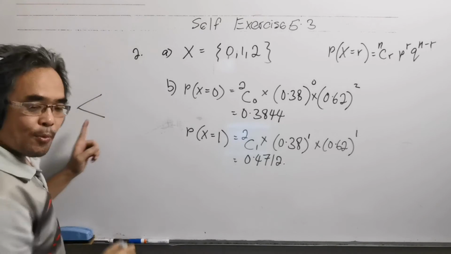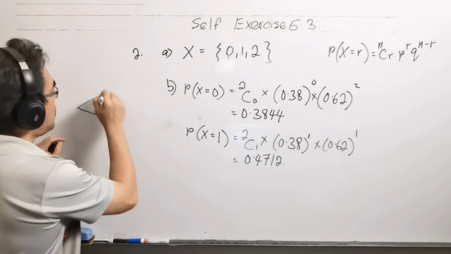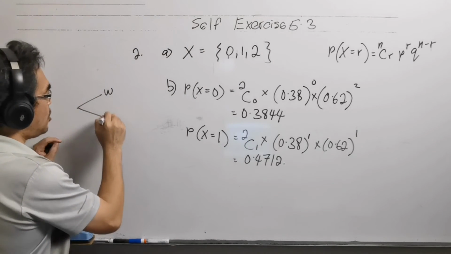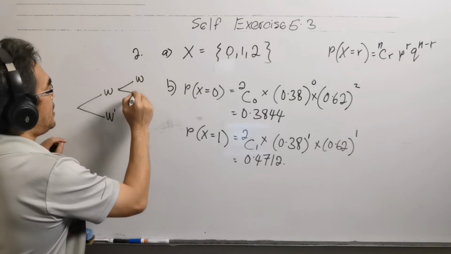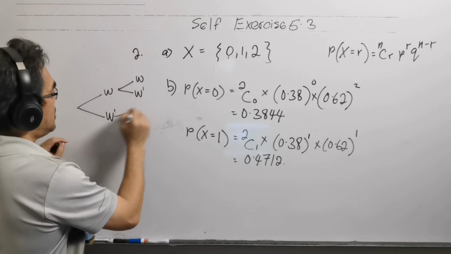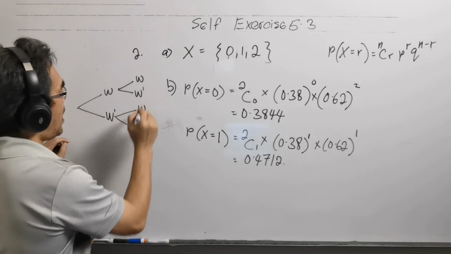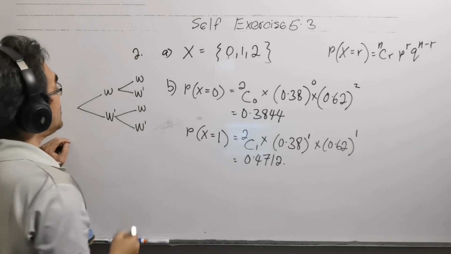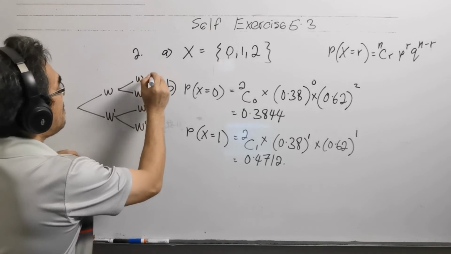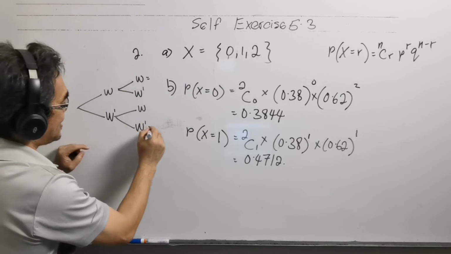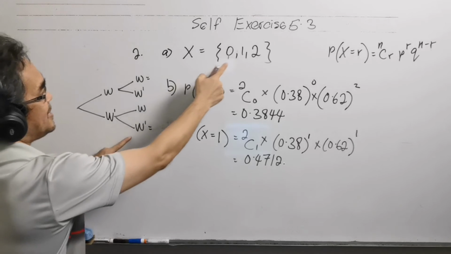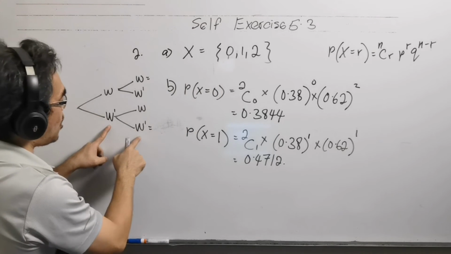You start with white or non-white? White and then non-white, right? And then we have non-white and white. So the 0 is here actually. Understand? 0 is non-white and non-white.